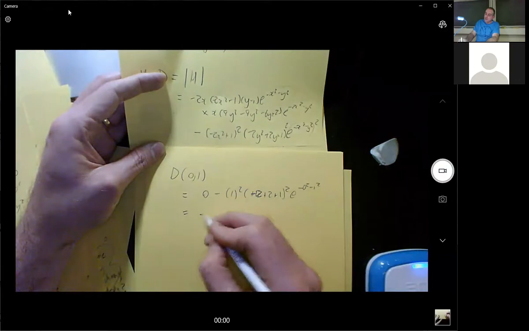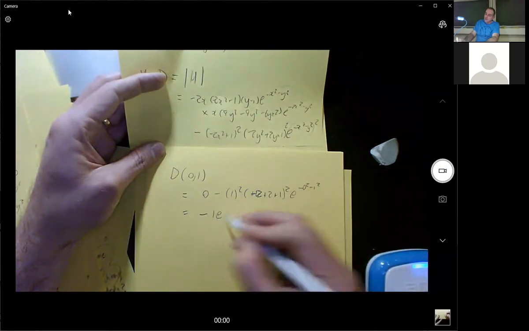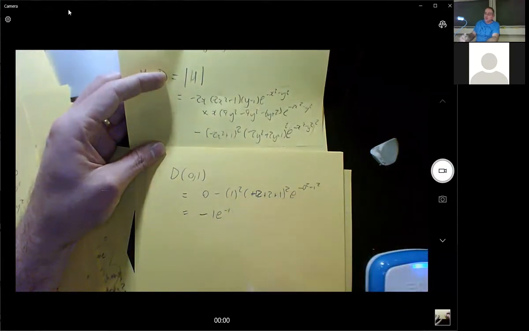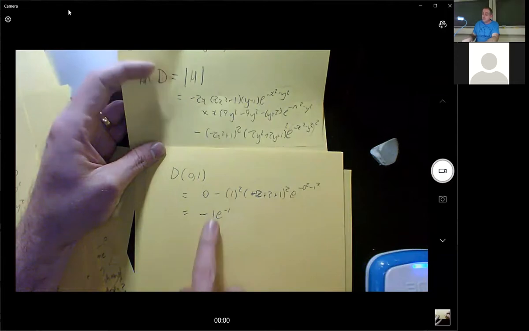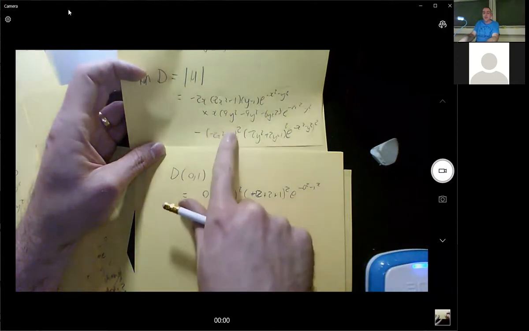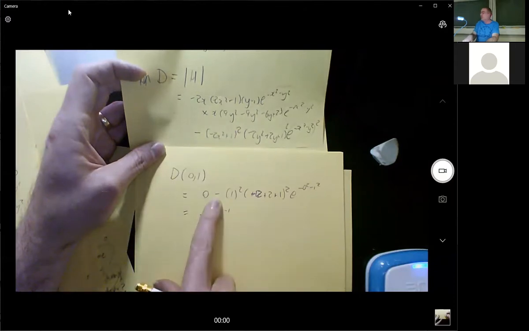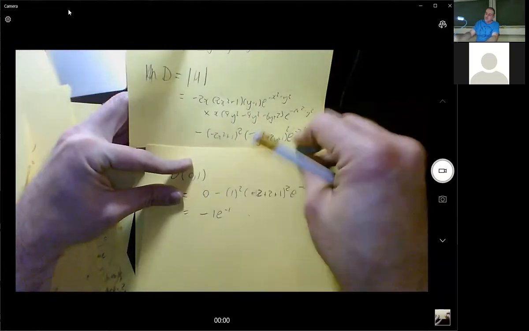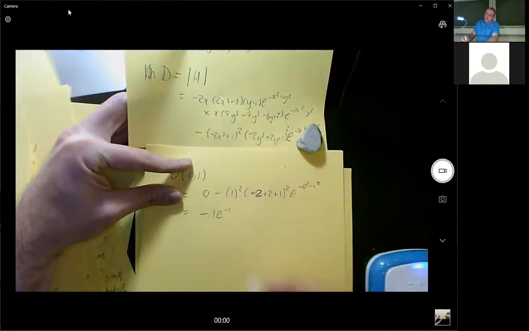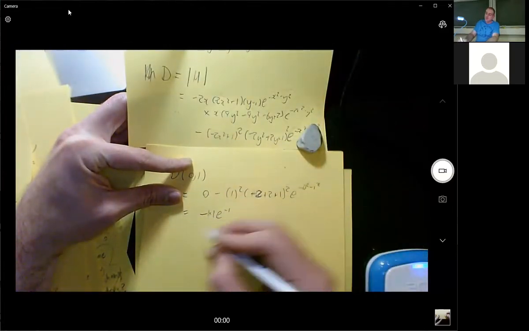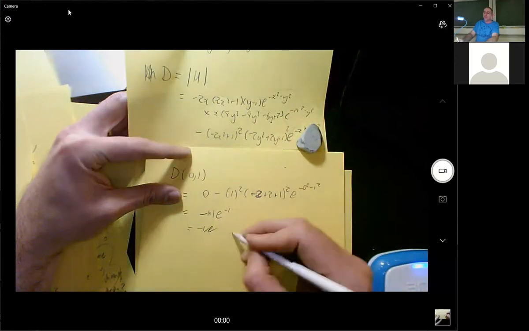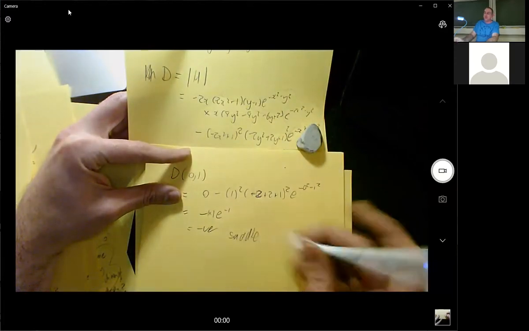And so we get minus 1e, sorry? This is squared. Yeah, that's this minus. Because this has got a minus 2 plus 2. So 1 times that, which is a negative number. And so this is a saddle point. Told you.